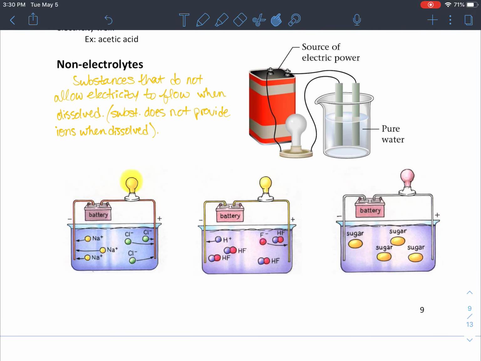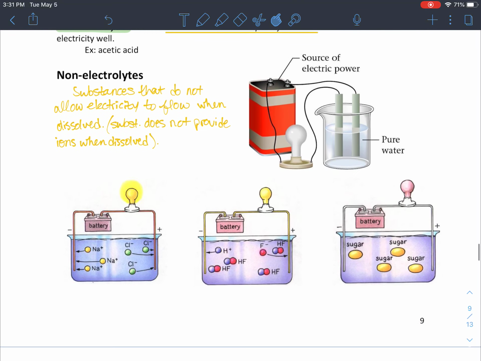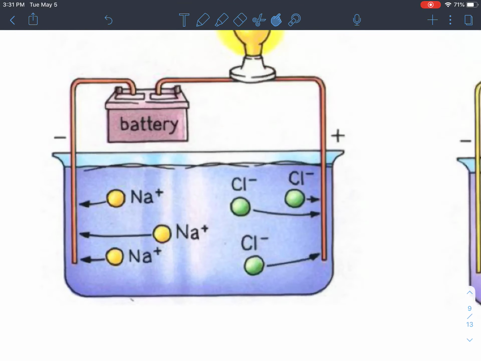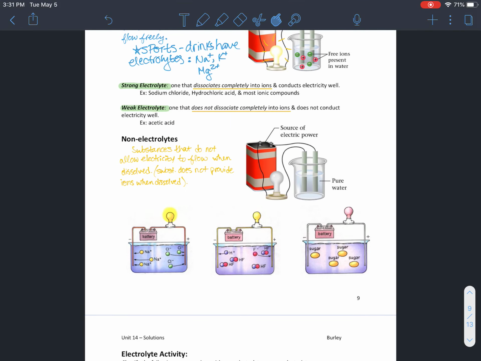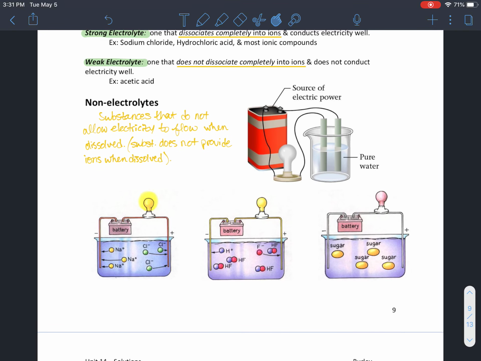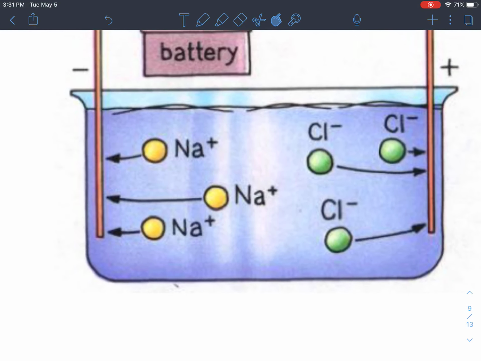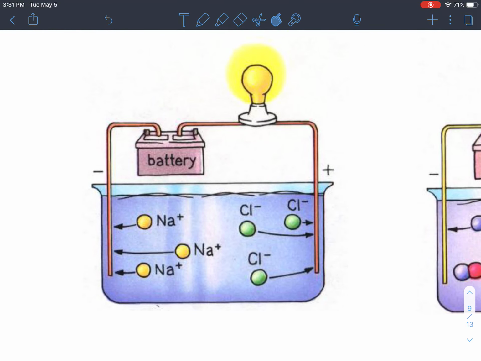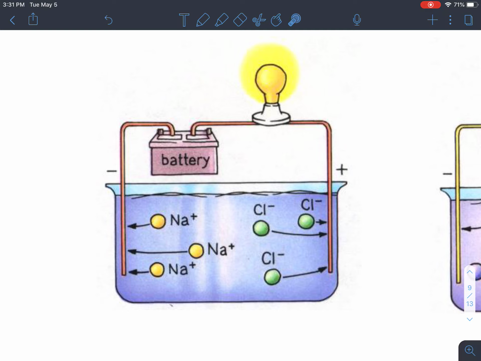Now there are a couple of pictures at the bottom of your page here. And I just want us to go through whether it's an electrolyte versus a non-electrolyte, strong or weak, and why, and all that jazz. So we'll take a look at this first one. Here in this first image, we see that there is a light bulb that is lit up, which means that whatever solution it is in is conducting electricity.